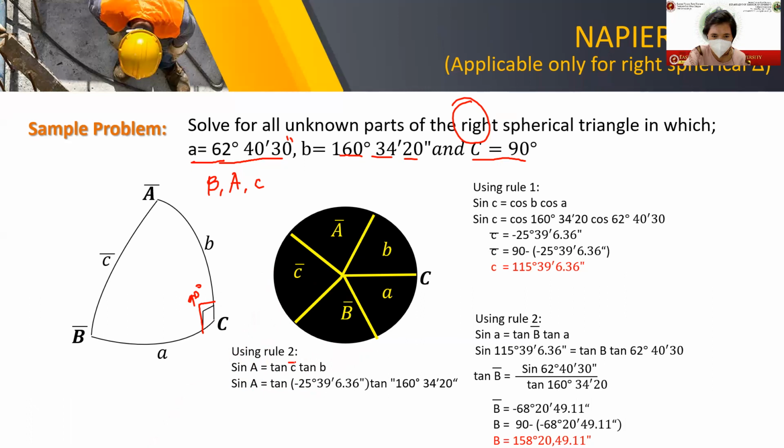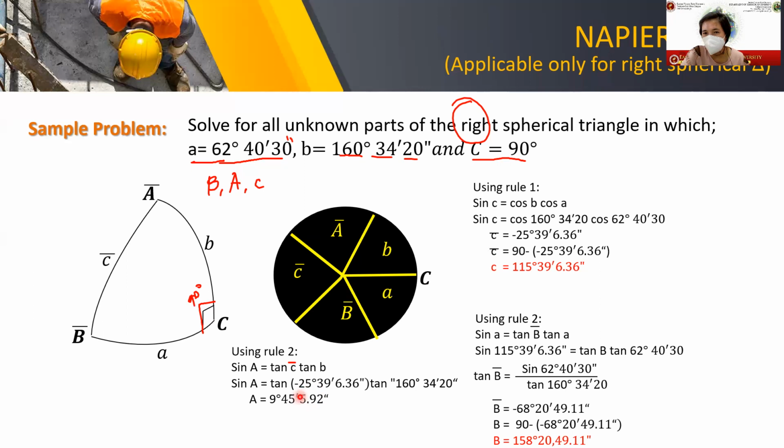That is 90 degrees. So, C bar, wag yung C since may bar dito. So, wag yung final answer na C, yung C bar. So, tangent of this negative 25, tangent of B, which is 160. So A is equals to arc sine. So yung sagot is 9 degrees, 45 minutes, and 5.52 seconds.